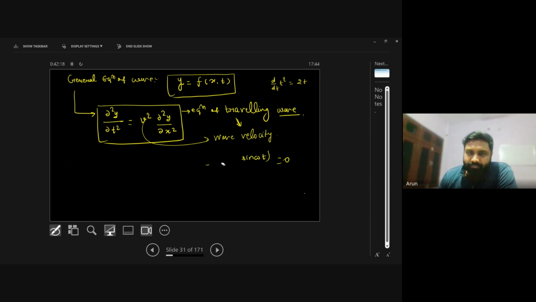But if there is something which is not matching with this trick, then you need to move to the conventional method, which is ∂²y/∂t² equals v² ∂²y/∂x², where v² is the wave velocity, given by ω/k. We did it in the previous session. k is the wave number here, 2π/λ.